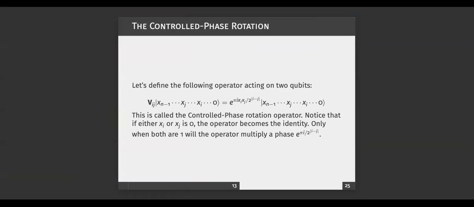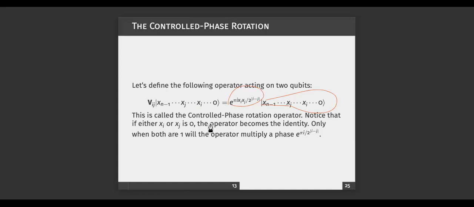The result of applying the operator V_ij is defined to be the vector itself multiplied by some factor. So this is the definition. We have xi xj.